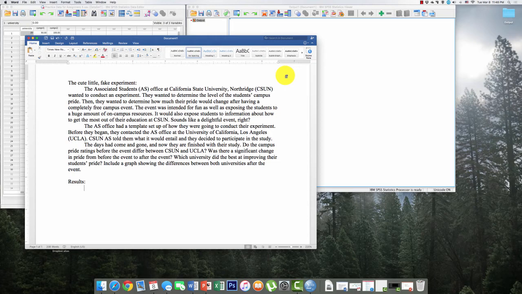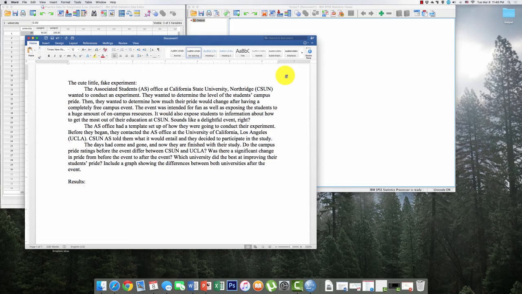The event was going to have a bunch of fun activities, and it was going to expose students to a lot of the resources on campus. They also wanted to expose the students to information about how to get the most out of their education at the school. Sounds like a delightful event, right?